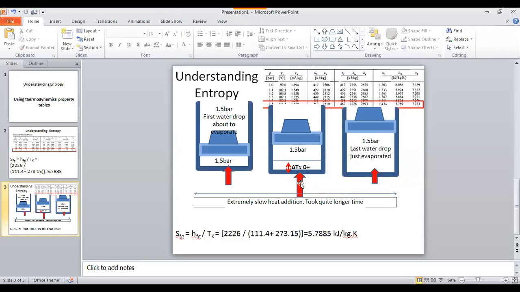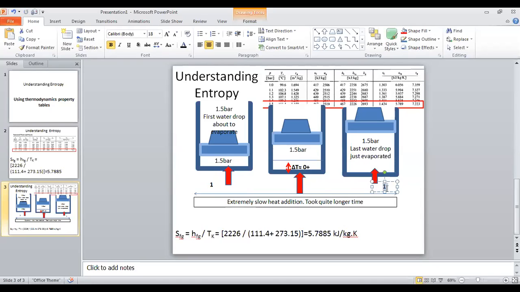So slowly, gradually, from state 1 to the final state.